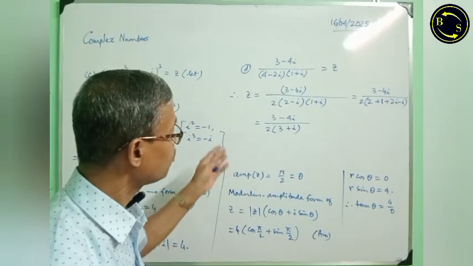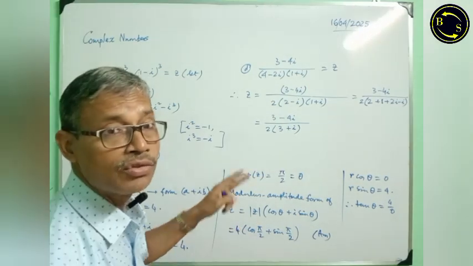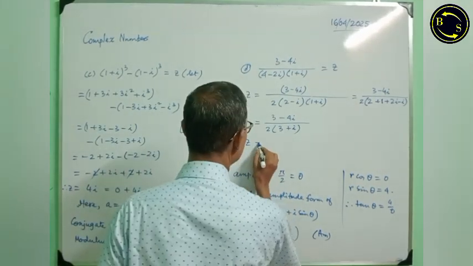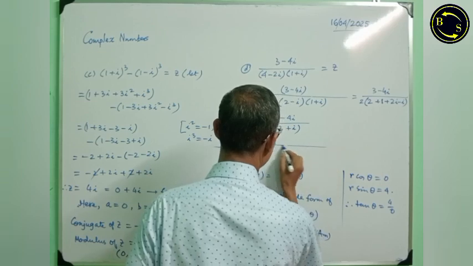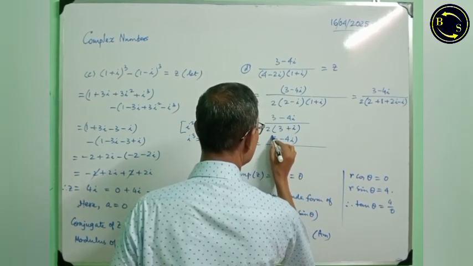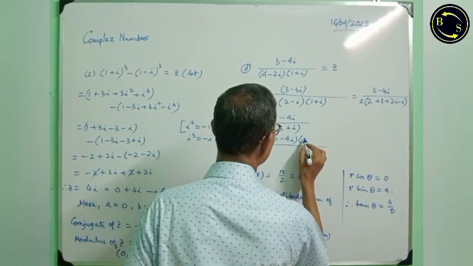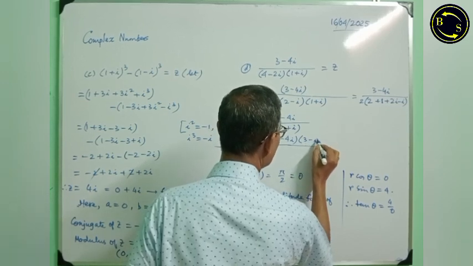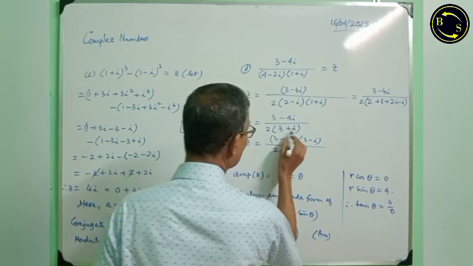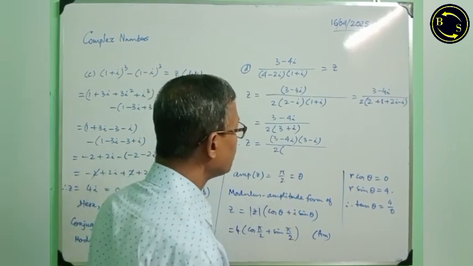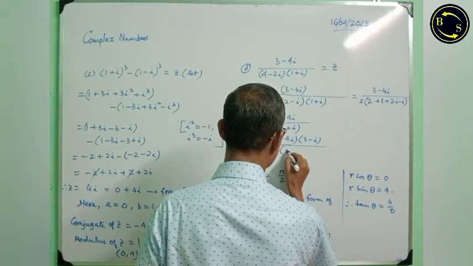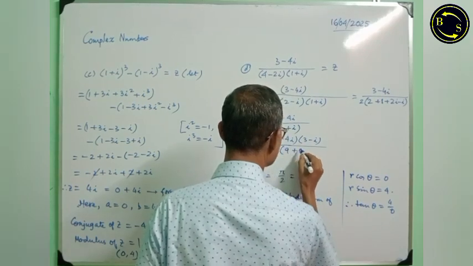Now I multiply both numerator and denominator by 3 minus i. Therefore, z equal to 3 minus 4i into 3 minus i, 2. If I multiply 3 plus i by 3 minus i, we get 9 plus 1.